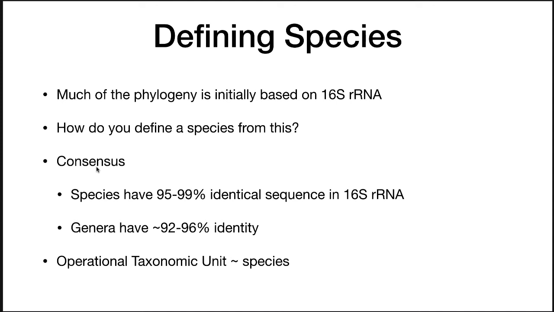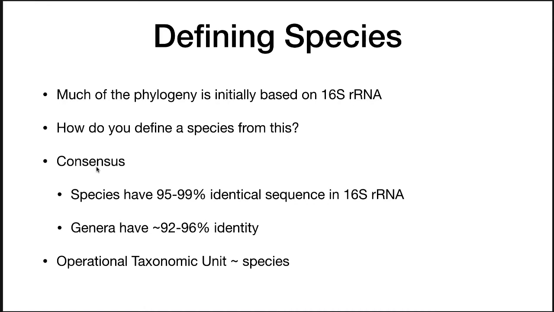You can't do that with sequence, and so what they found is there's somewhat of a correlation between a 95 to 99% identity in sequence and being the same species. So yeah, there's a range, but that's where people are at. Genera have about a 92 to 96% identity.